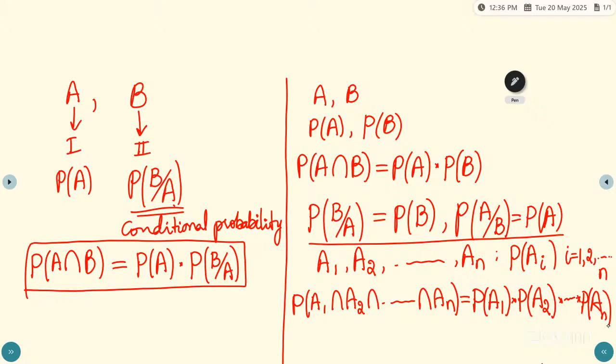Okay, this is the generalization of the multiplication theorem on probability for independent events.